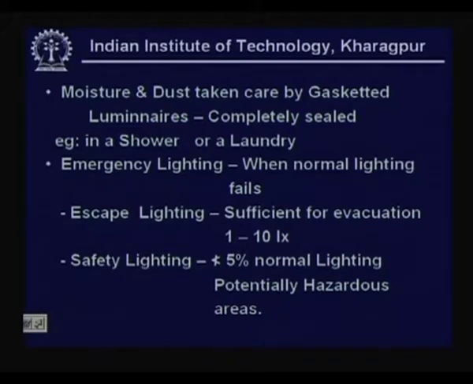There is a scope in certain areas where one may meet with an accident, and in those areas one has to see that it is never below 5% of the normal. Let us say we need about 20-30 lux in normal operation for general lighting in an interior. So, it should not be below 3 lux in the hazardous areas.